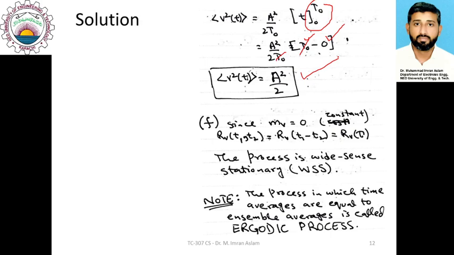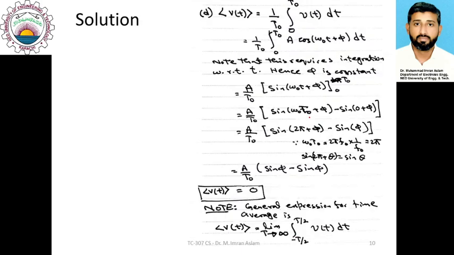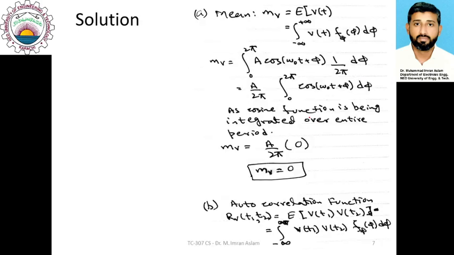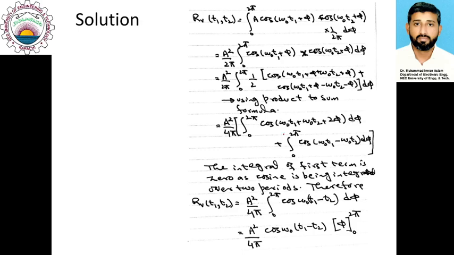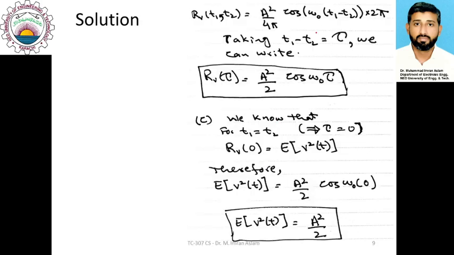And now if we talk about the last part, which is regarding commenting on the stationarity, you can see that the mean value, mv, calculated in the first part came out to be a constant number, that is 0, and the autocorrelation came out to be a function of t1 minus t2, or time delay tau only.